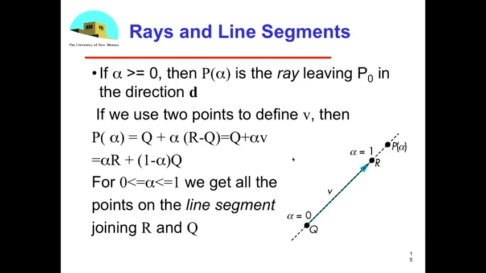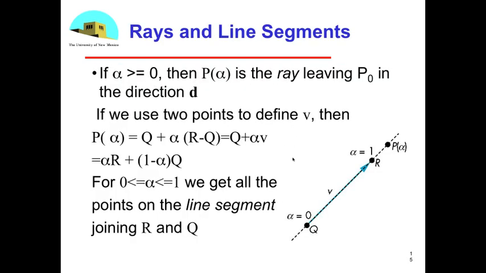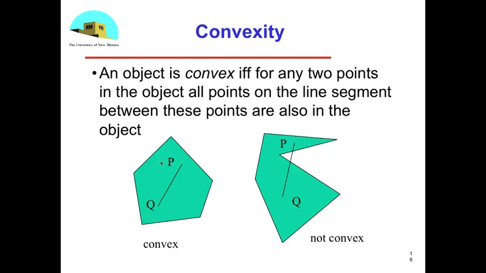And that's the notion that's really embedded back over here when I first started talking about this form. This is a very powerful form for representing lines, because by just saying, if I only consider the points between 0 and 1, I'm talking about the segment that goes between Q and R, and that's exactly what we're talking about here with P and Q.